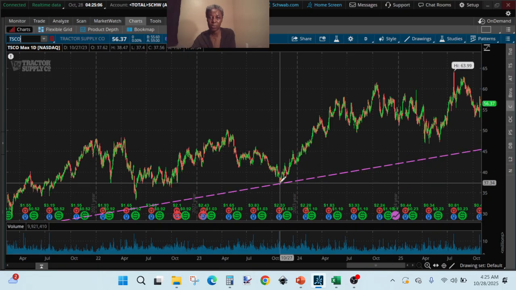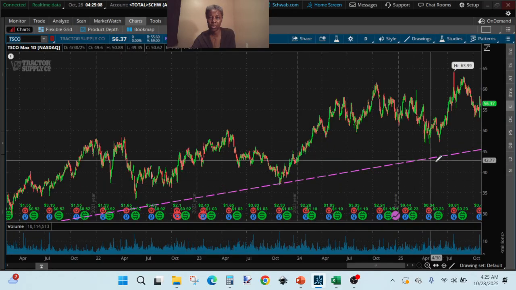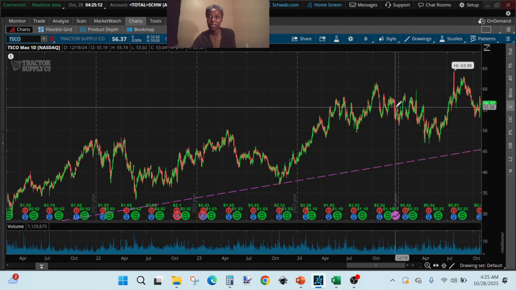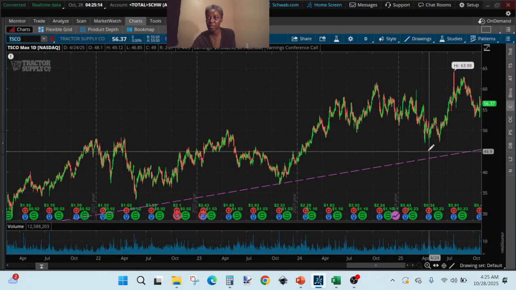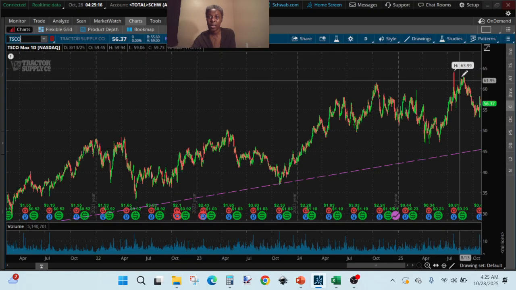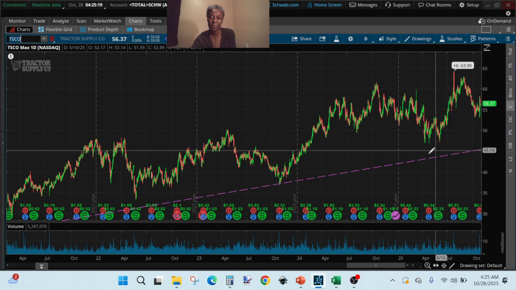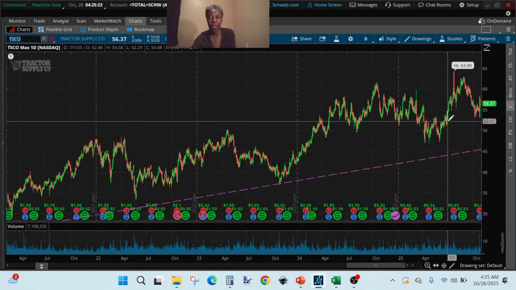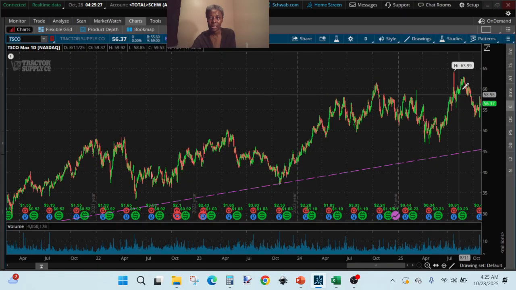When it touched base with it here and it isn't here, we might think that maybe it's not done going down yet, and from there it went up and then pulled back. So again, unless we decided to get in higher up, we won't buy it.